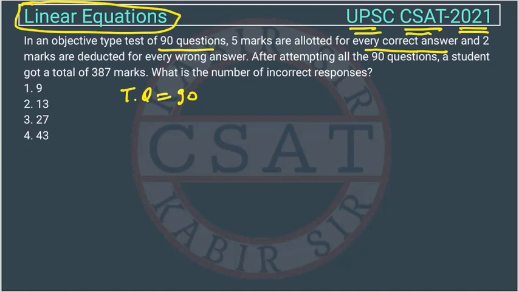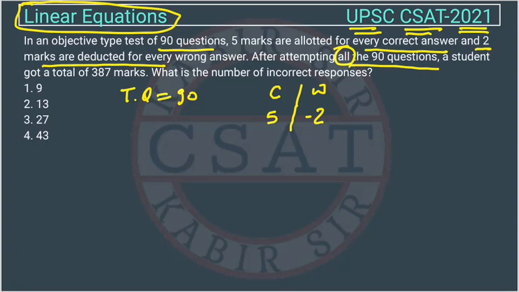So 5 will get allotted if the answer is correct, right? And 2 marks are deducted for every wrong answer. So for every wrong answer, how many marks they are deducting? 2 marks, right? After attempting all the questions, this is important, all the questions, right? So all 90 questions are attempted.